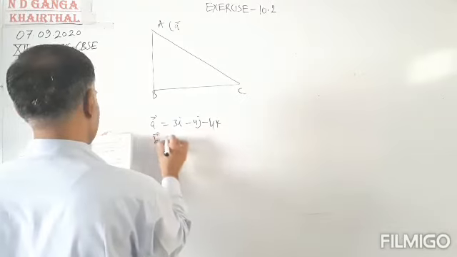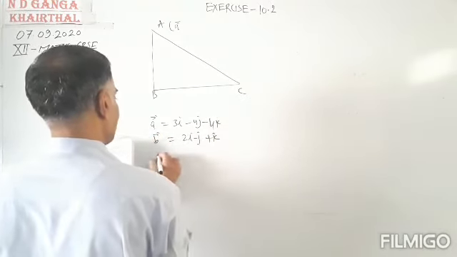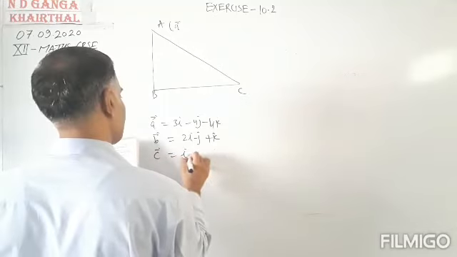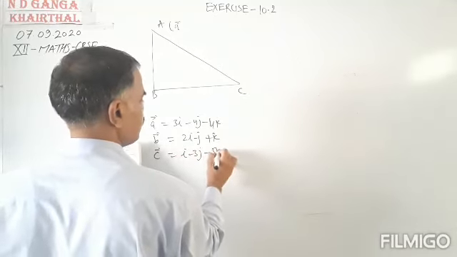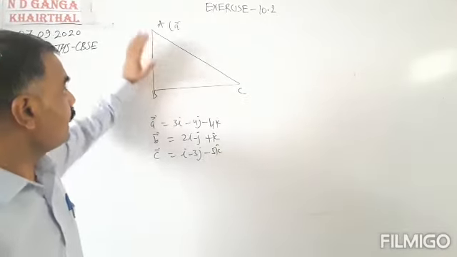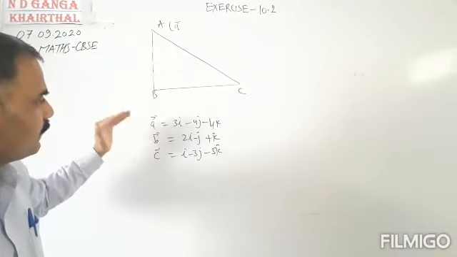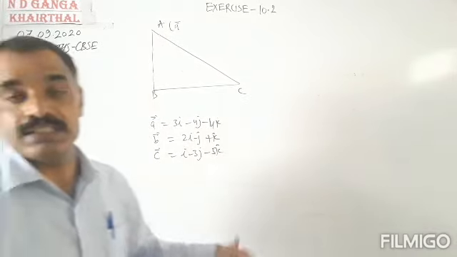B vector is given as 2i cap minus j cap plus k cap, and C vector is given as i cap minus 3j cap minus 5k cap. Okay, so these are the vertices of the right angle triangle.